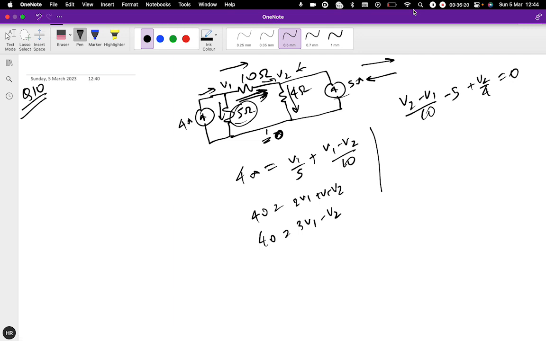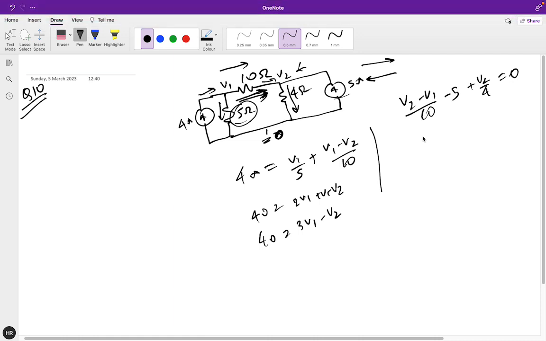So tell me, what will the final equation be? 4v2 minus 4v1, right? And it is 40 into 5, that is 200, plus 10v2 is equal to 0. If you solve this, you get 14v2 minus 4v1 is equal to 200. Everyone is getting the same?